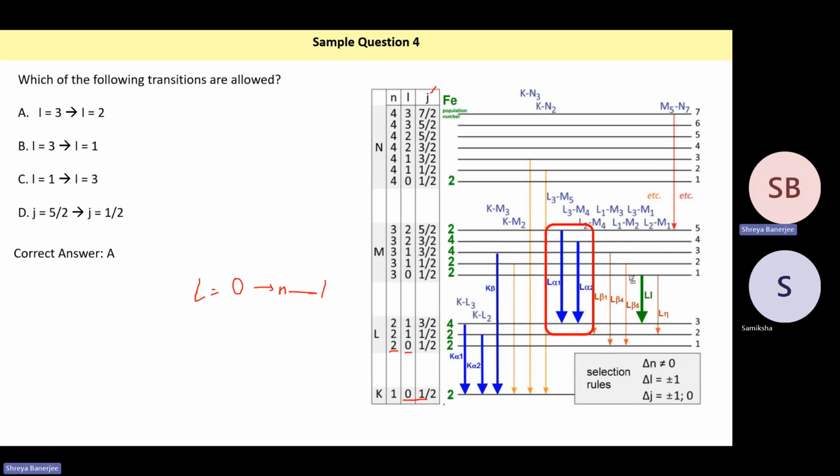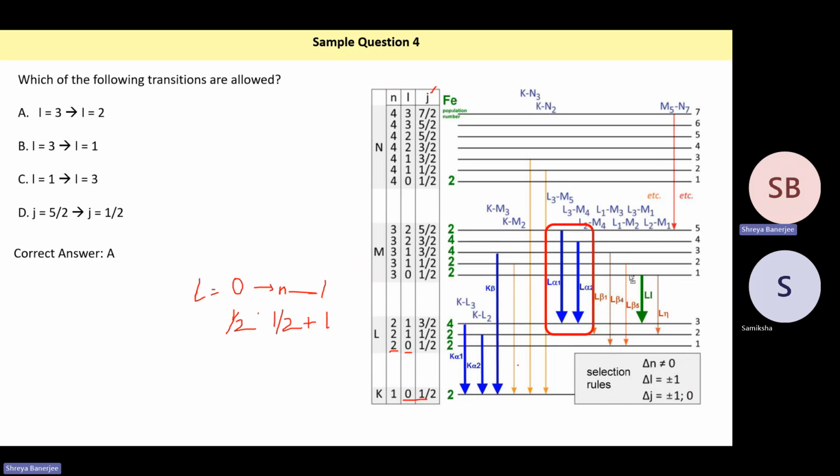It starts from half, it can be 3 by 2, 5 by 2, and so on, adding 1 each time.